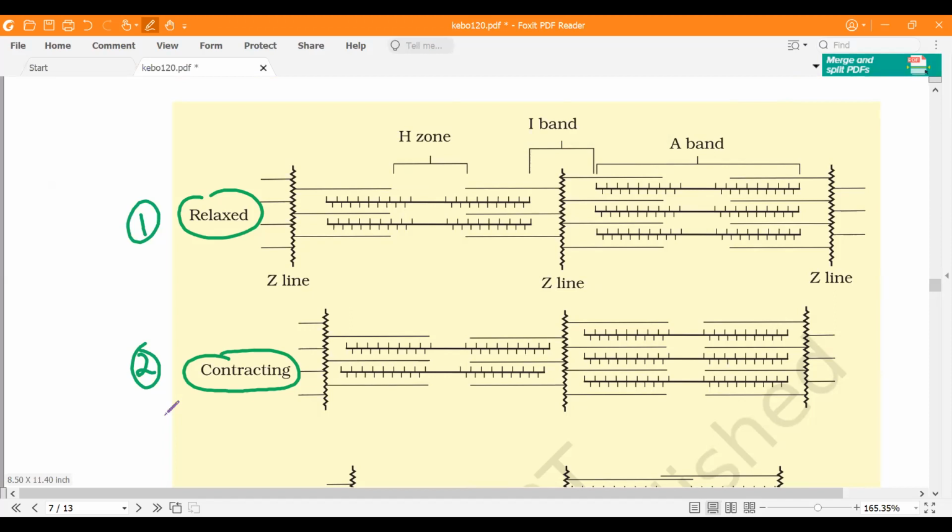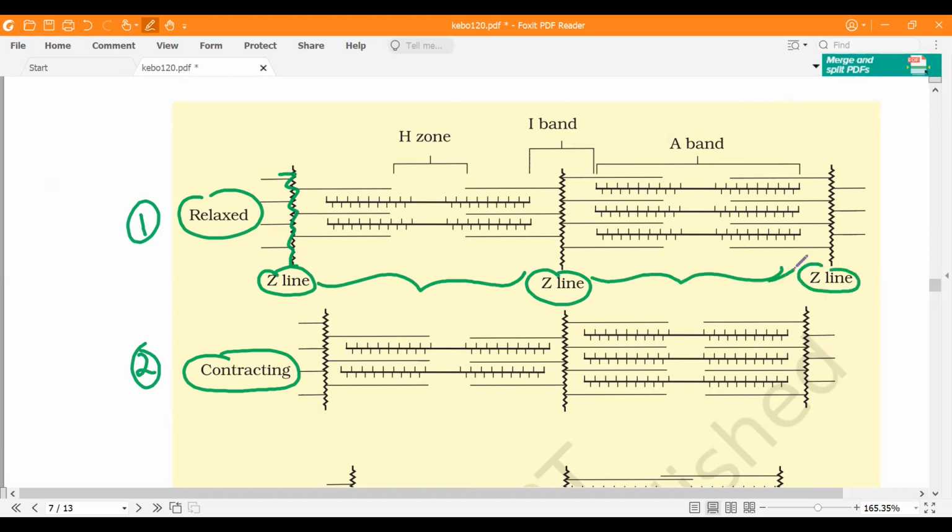So this is what you see. The zigzag line you see is the Z line. What is this area called, the distance between two successive Z lines? Sarcomere. Okay, it is what we call the sarcomere.